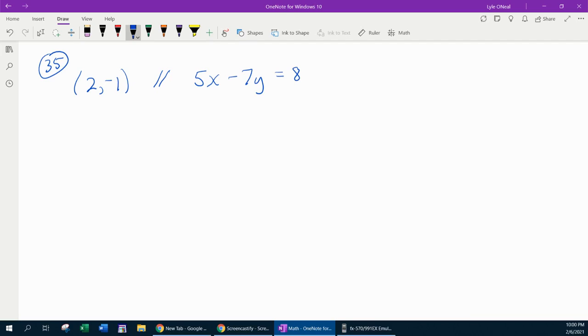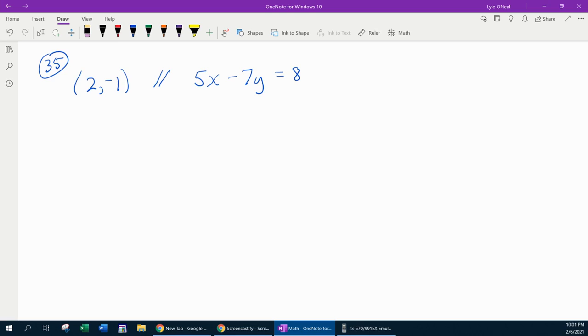And so what the instructions say here, it says find the equation of the line parallel to this equation, but passing through this point. So what we're going to need to do is take this equation and get it in slope-intercept form. Then we can find the slope, and then we will have a point and the slope, and we can find the equation of our parallel line.